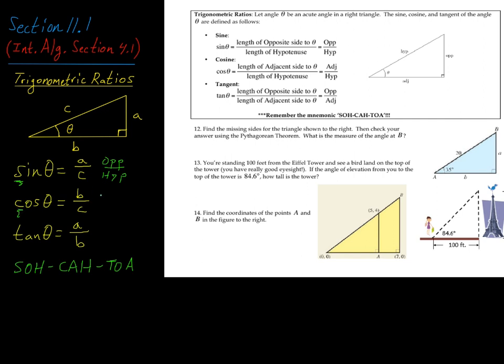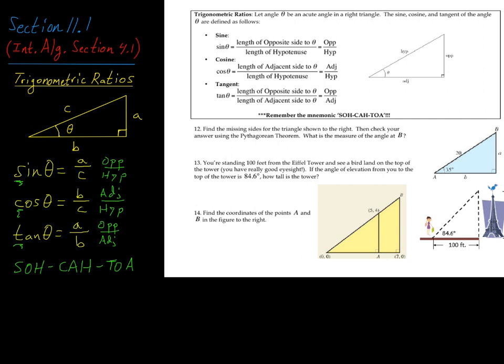Then on to CAH, that's cosine is the adjacent divided by the hypotenuse. And then lastly tangent, the T. Tangent is the opposite divided by the adjacent, and that is the TOA portion.